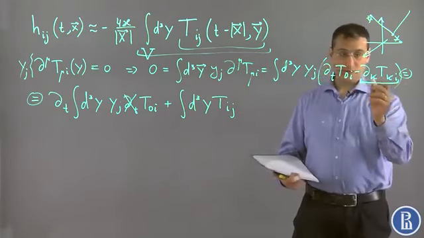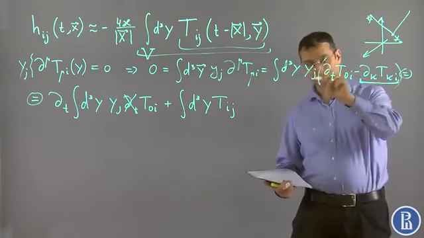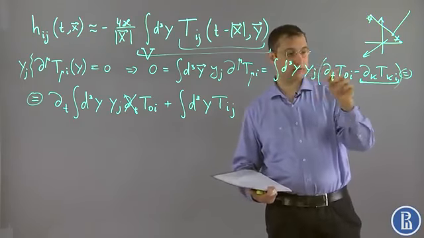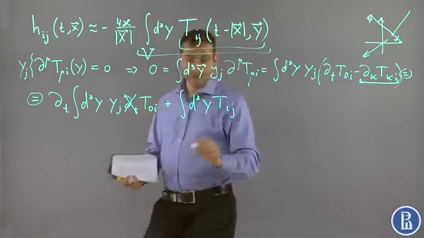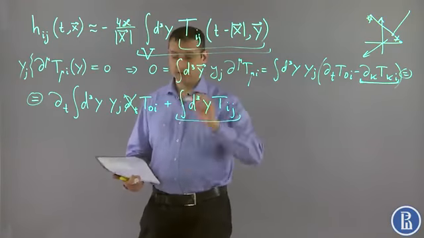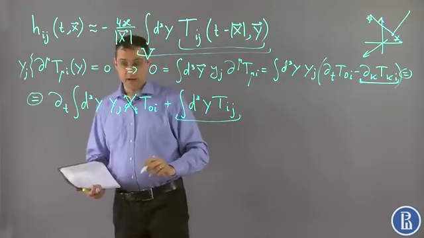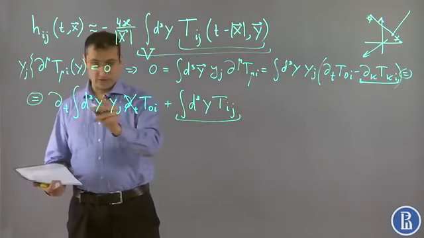So after integration by parts, the derivative acts on this. We get a Kronecker symbol, which makes k equal to j. So this is actually the expression that we have here. And we have that it is equal to this.